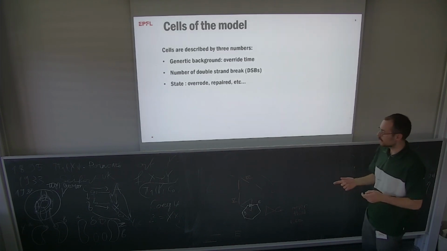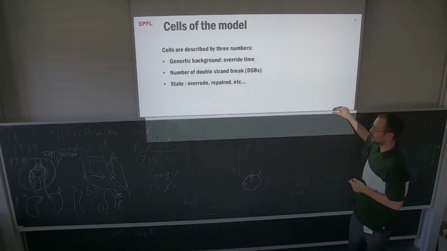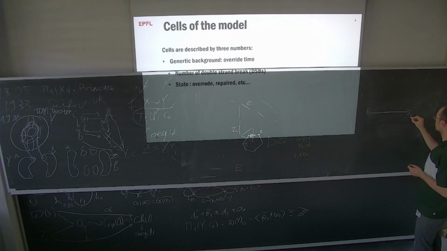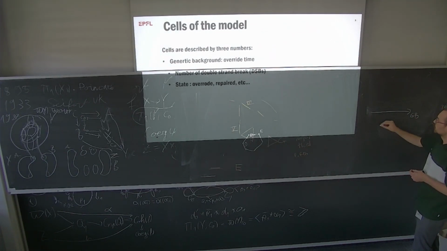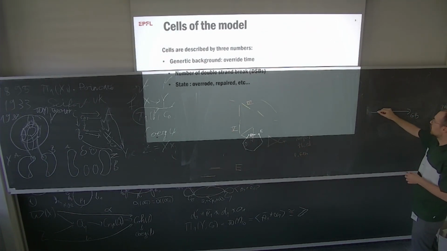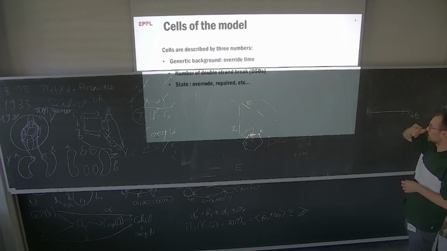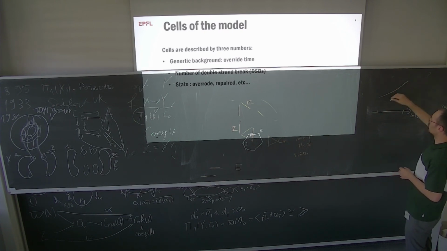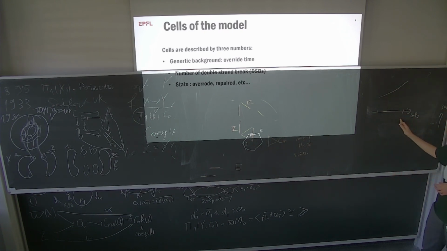And so basically, what I would expect is that if I plot the genetic background, which corresponds to the override time, then for the cells that are able to repair, I would get something like this. That's the amount of cells. For late override, I have more cells that repair, so I end up with more.